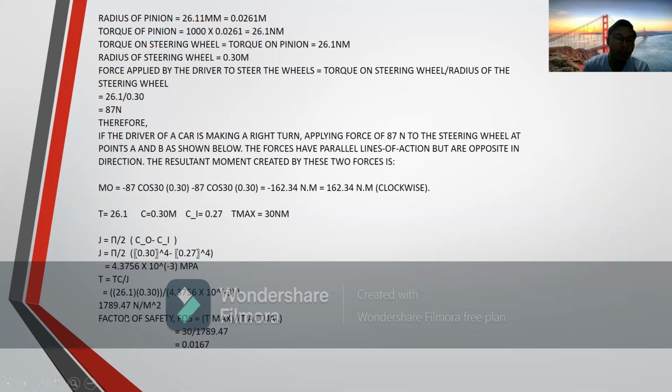For the factor of safety, FOS is torque max divided by torque actual, that is 30 divided by 1789.47, then we get 0.0167. So that's it. Thank you.